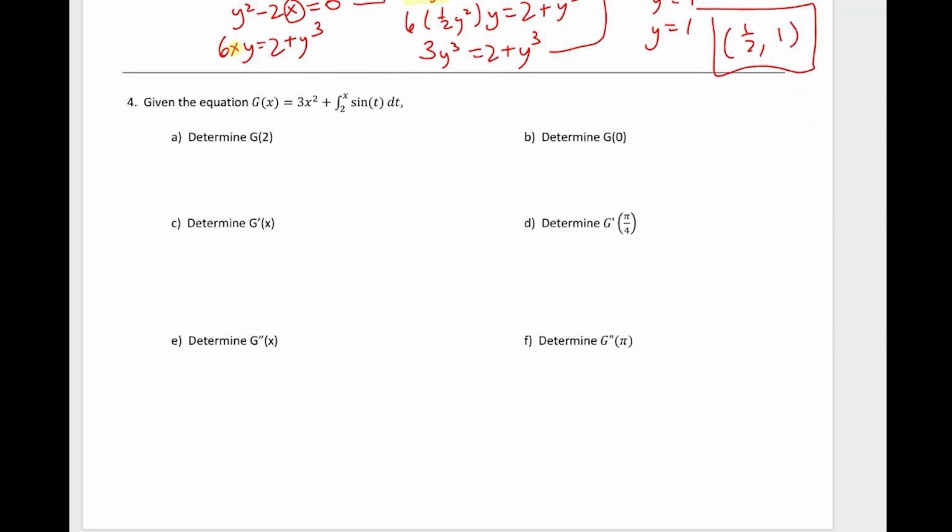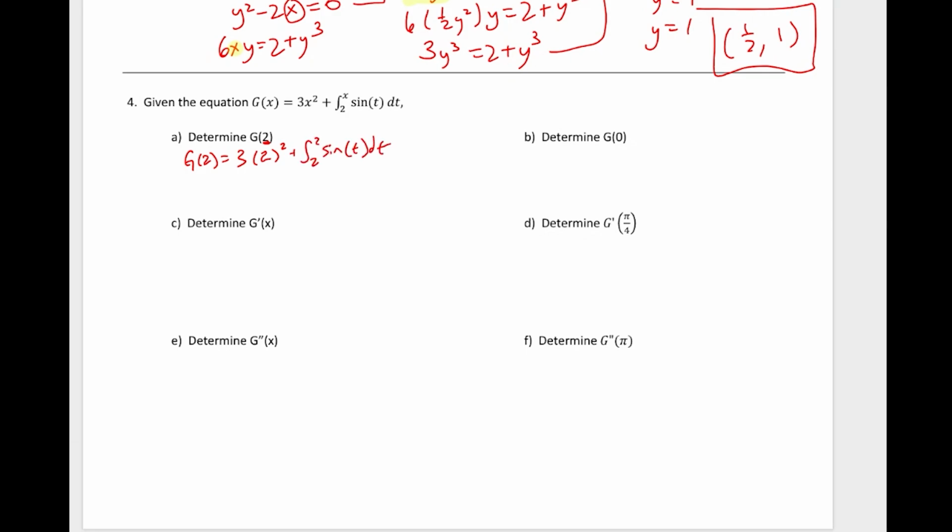Number 4 says, given the equation g of x, and g of x is this combination of 3x squared and this integrable function sine t, determine g of 2. So we're just going to substitute 2 in everywhere we see x. Not where we see t, so be careful with that, just where we see x. So g of 2 is going to be 3 times 2 squared plus the integral from 2 to 2 of sine t.